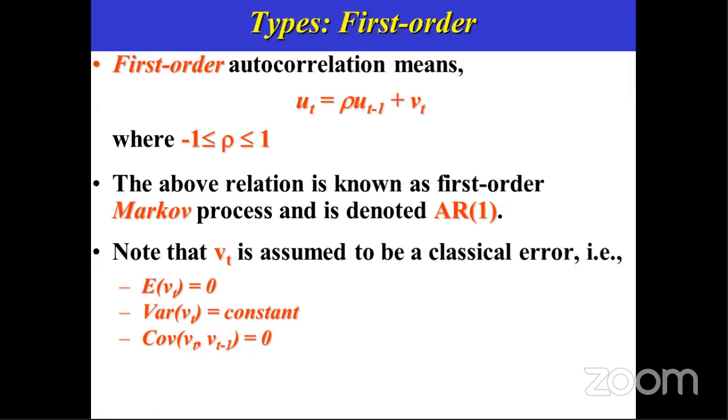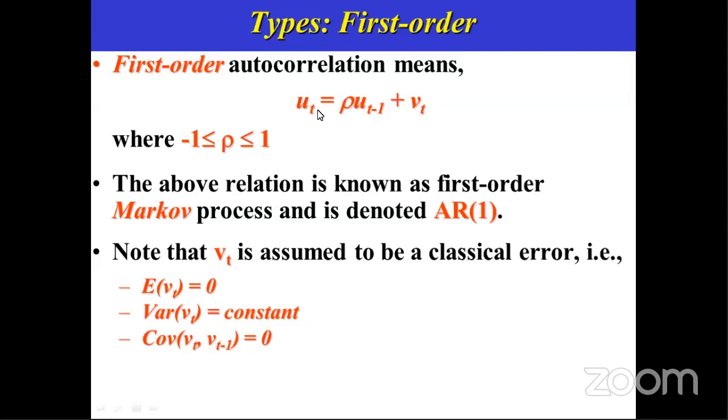So t minus 1 in econometrics is called a one period lag. Lag means, of course, time. That means the current value of ut depends upon its own previous value. In this case it is one period lag.